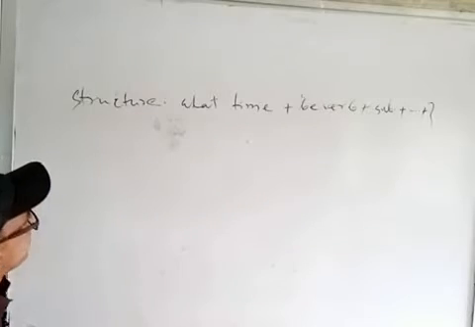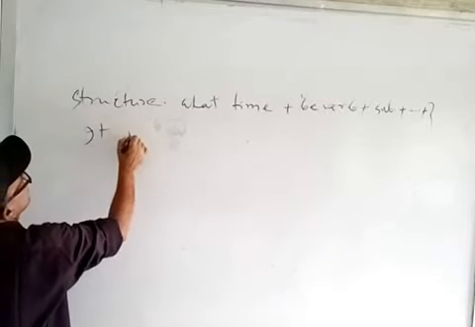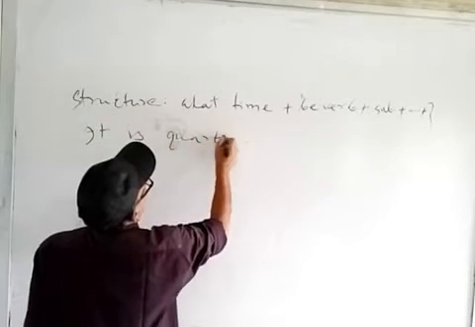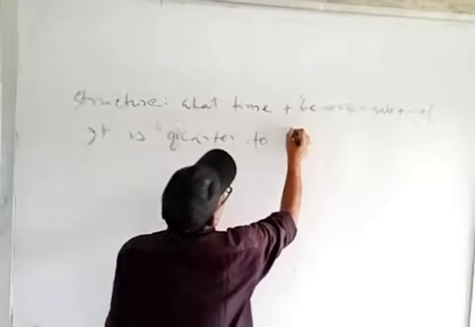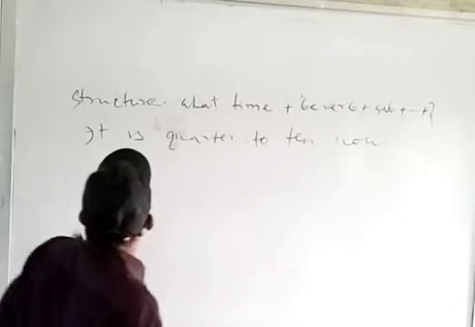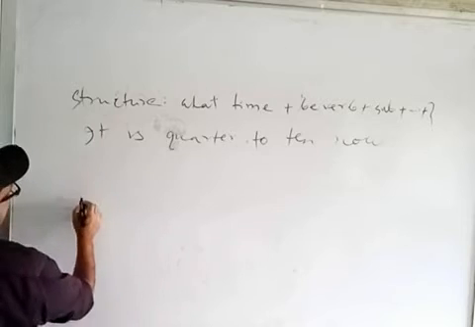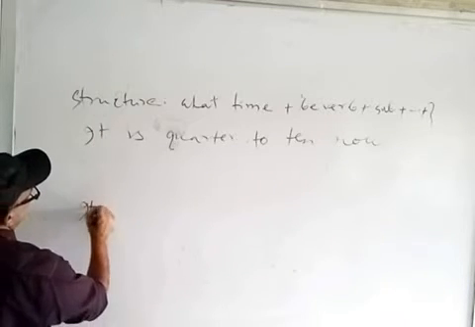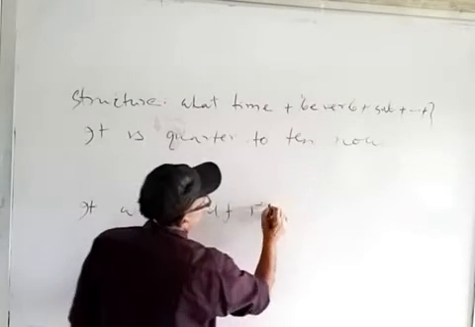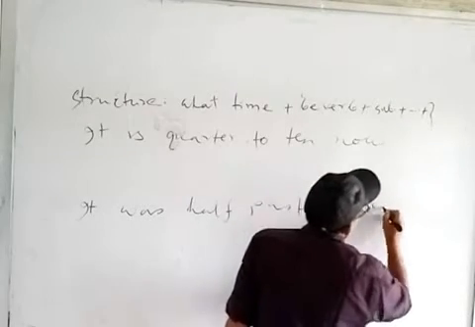So now I am showing an example. It is quarter to 10 now. Another example: It was half past 12 then.